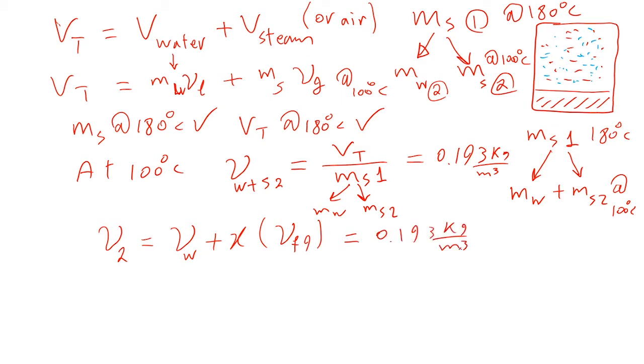So we can use the steam table to find the specific volume of water, and the specific volume vfg is the steam minus the water, all at 100 degrees Celsius. From here we can calculate the dryness or the quality of steam, which will be 0.115.